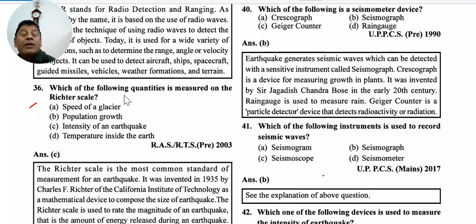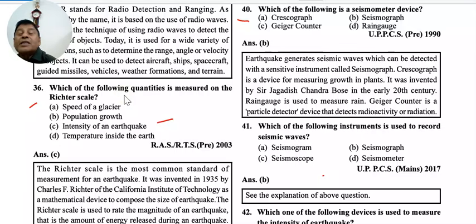Which of the following quantities is measured on the Richter scale? Remember, the intensity of an earthquake. See this question. Which of the following is a seismometric device?